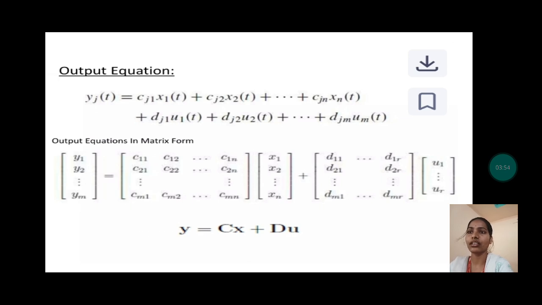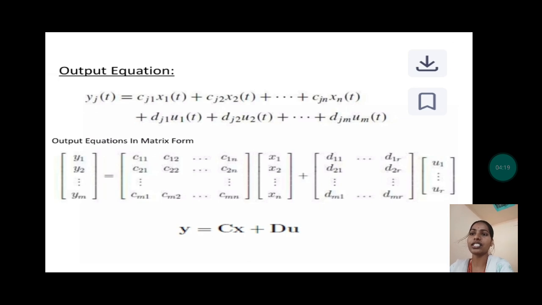Output equation. yj of t is equals to cj1 x1 of t plus cj2 x2 of t plus and so on cjn xn of t plus dj1 u1 of t plus dj2 u2 of t plus and so on djm um of t.